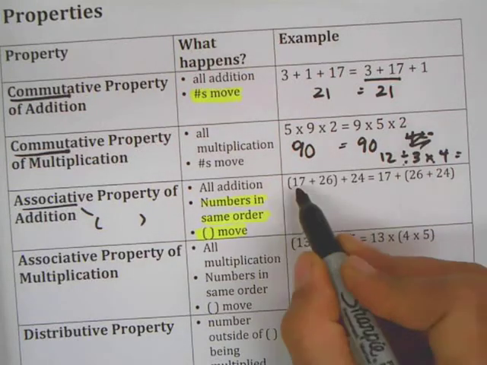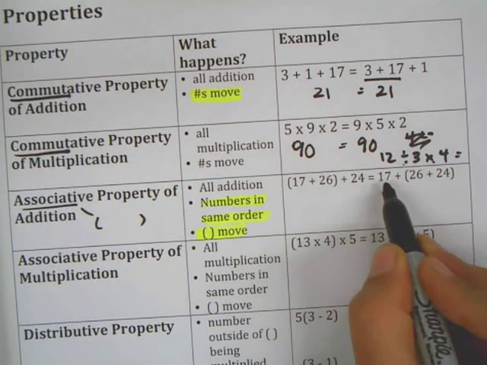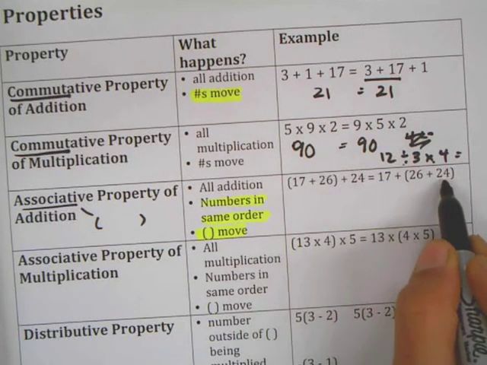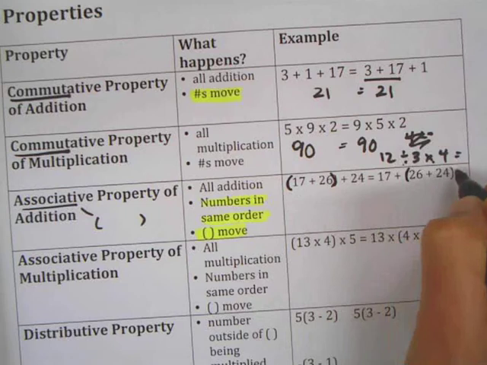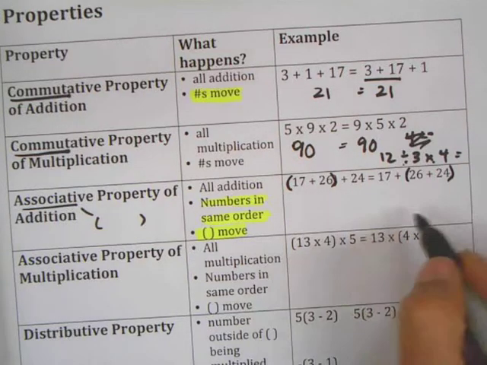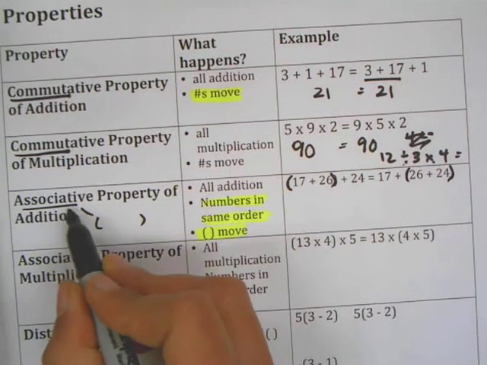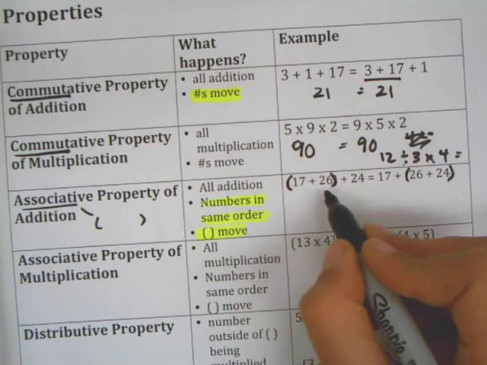So if we look at this, 17, 26, 24, 17, 26, 24. The numbers did not move. They're in the exact same order. But what did move is the order in which we're going to do them. So we've regrouped them. We've associated them differently.